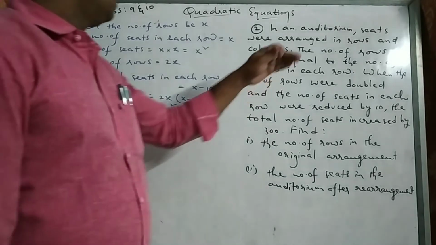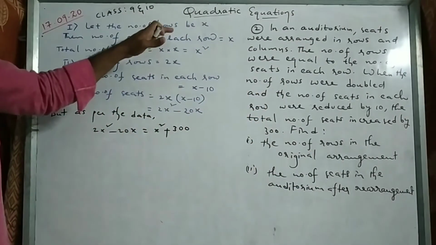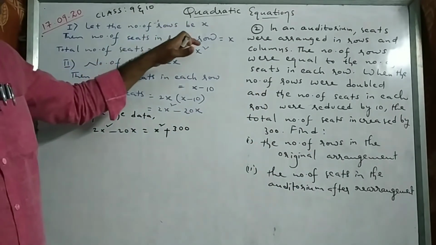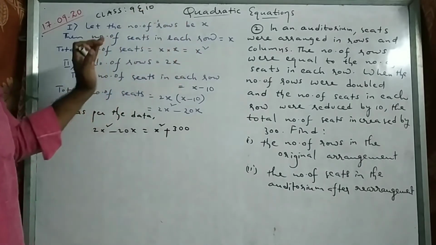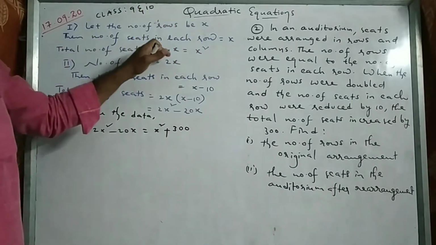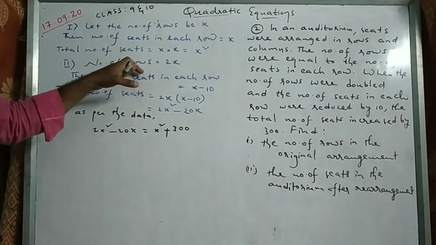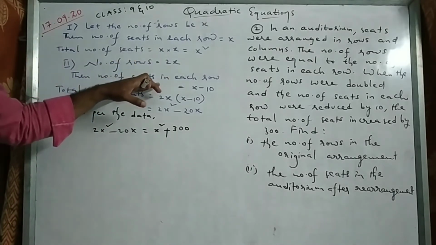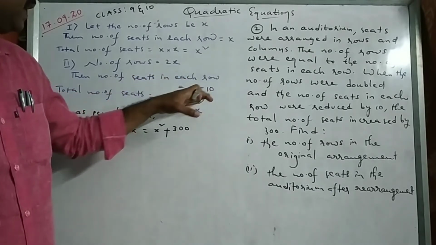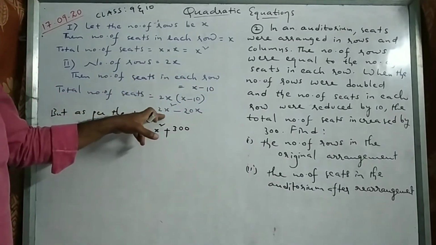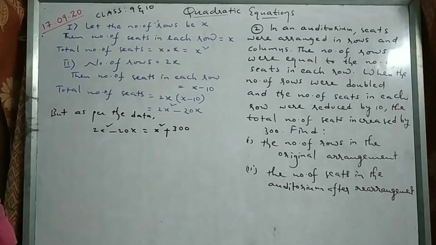First case, number of rows is equal to number of seats in each row, so total number of seats is x square. Second case, rows doubled, seats in each row reduced by 10, total number of seats is 2x square minus 20x.